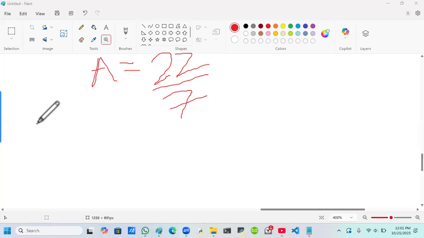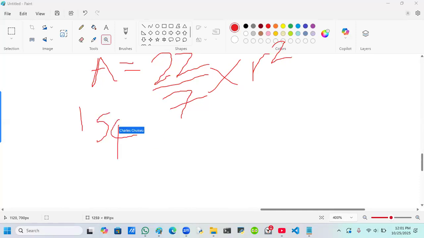A equals 22/7 times r squared. That's pi r squared. Now, we all know that our A is 154. I now said divide both sides by 22/7.